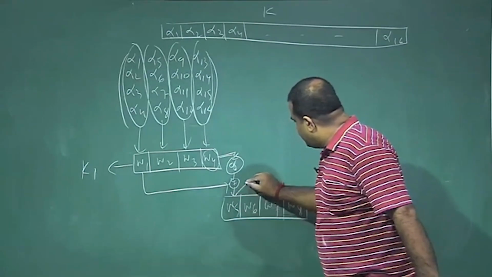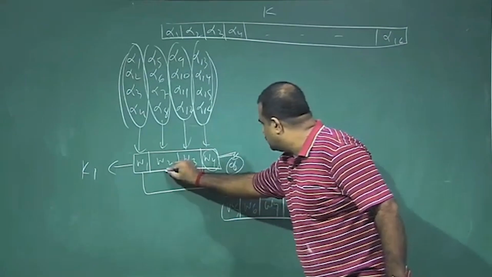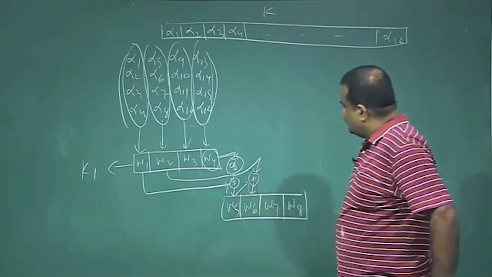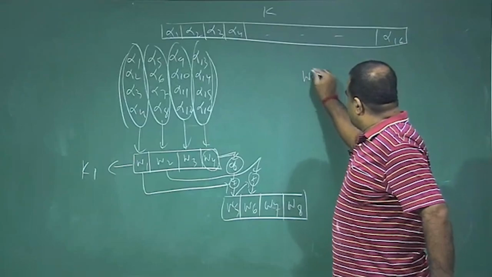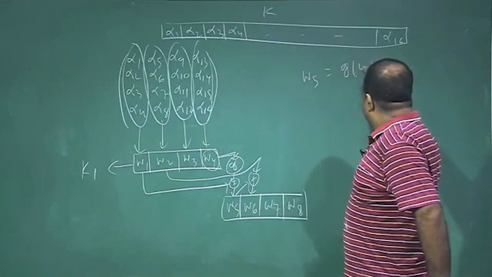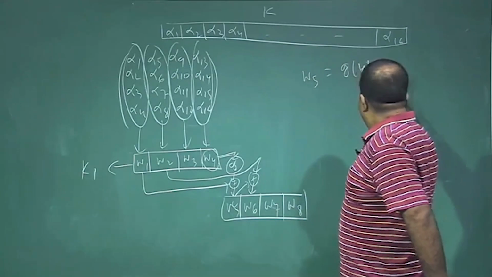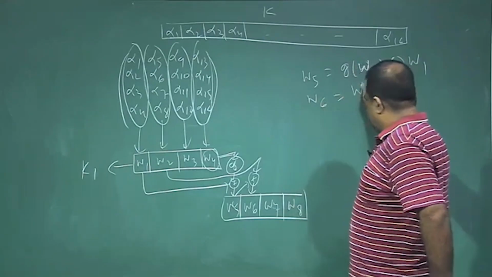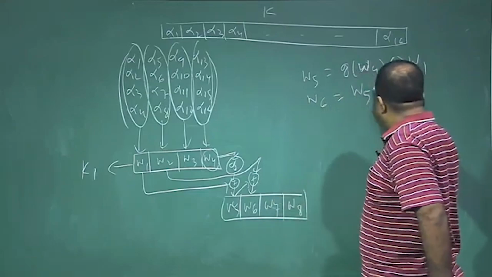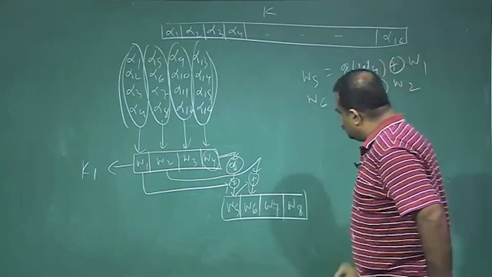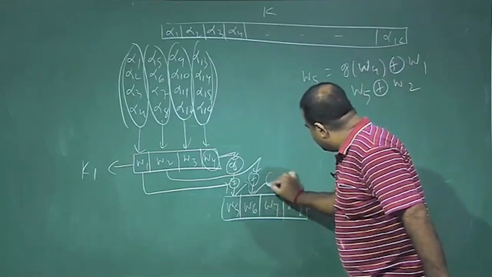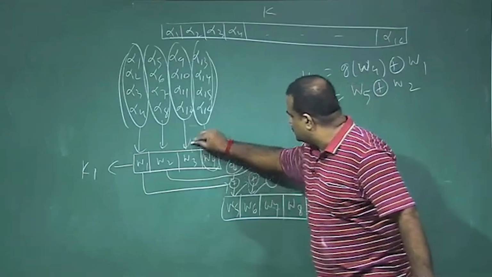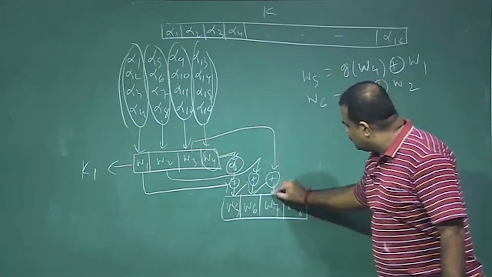We take this W5 and this W2, XOR them, and we get W6. So, W5 is basically G of W4 XOR W1, and W6 is W5 XOR W2. Once W6 is computed, we take W6 and XOR it with W3 and we get W7.